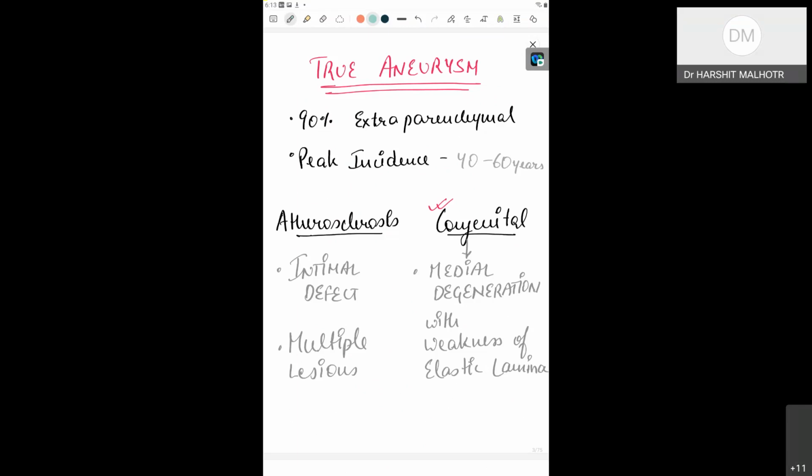In atherosclerosis, as we know, it causes intimal defect because of smooth muscle proliferation in the intima. And in atherosclerosis, because it's a generalized disease, most commonly we can see multiple lesions, multiple true aneurysms.